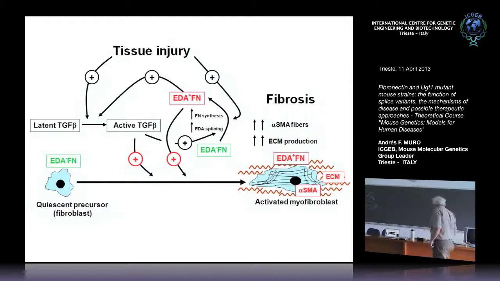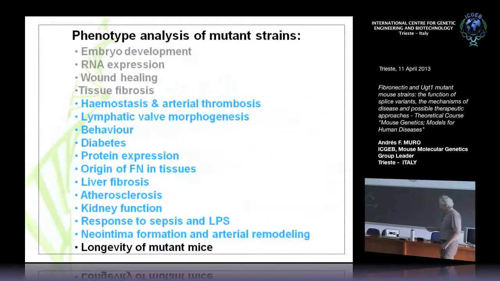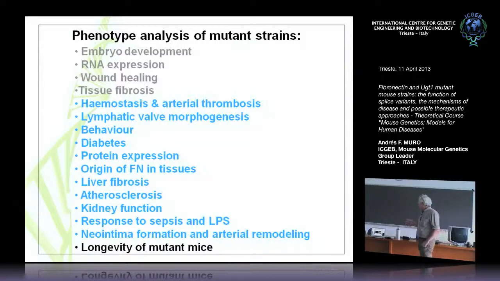So we analyzed also a large number of phenotypes. So the fibronectin participates in all this list of processes. And the idea is that we had an animal in which the only modification was the change of a very few bases that changed only the splicing rate of the fibronectin gene.